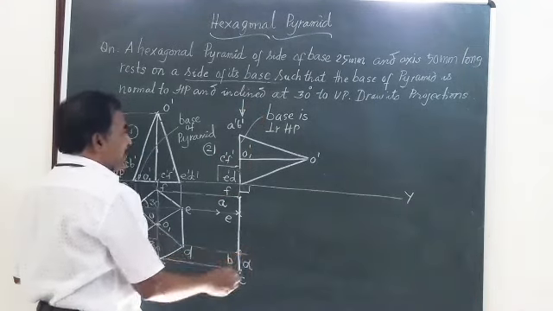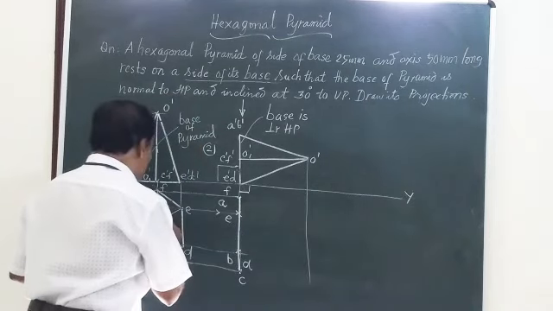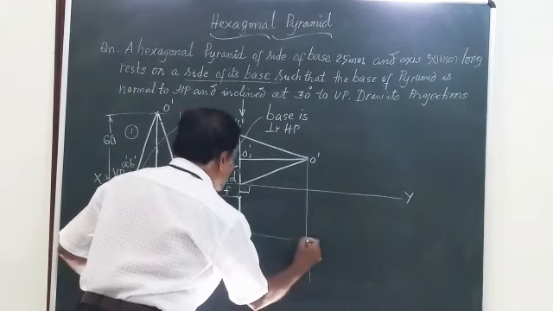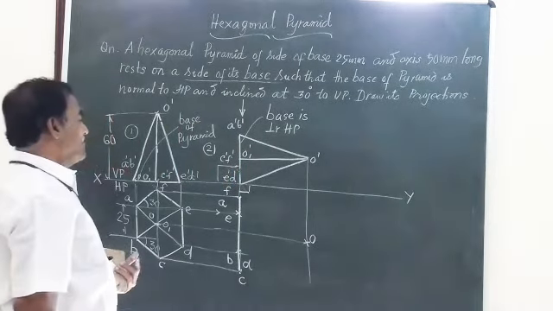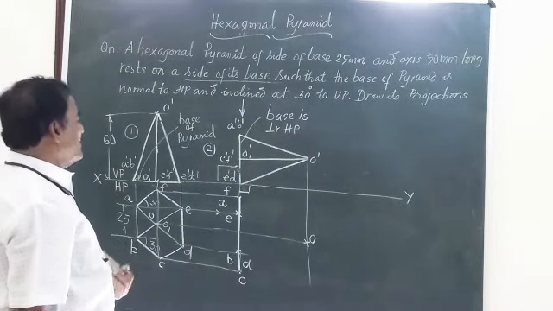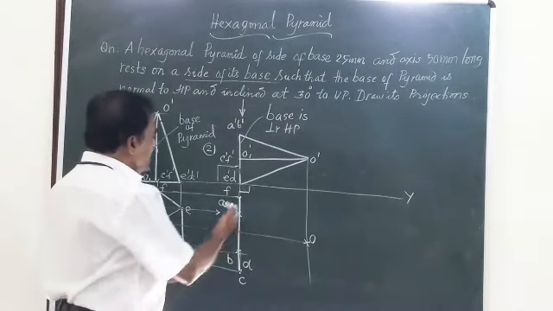So let me connect that to the vertex. So vertical line from O, horizontal line from here. This will give you O, the top view of the apex or the vertex of the solid. Now I have to connect this vertex to all the corners.